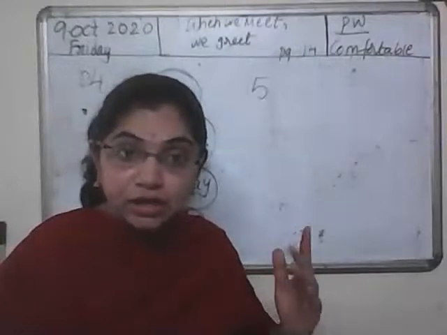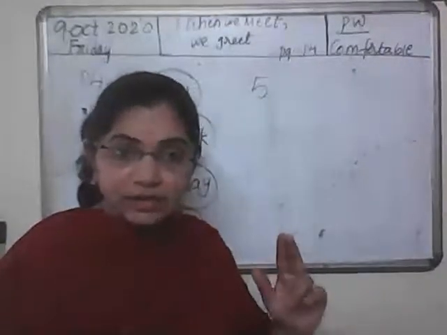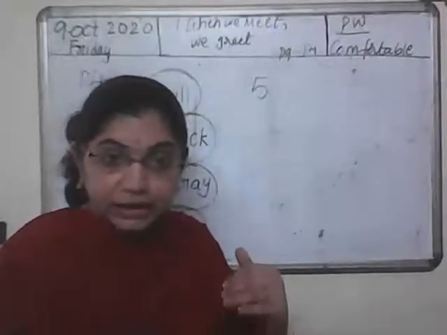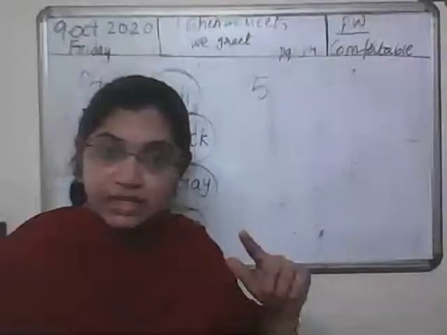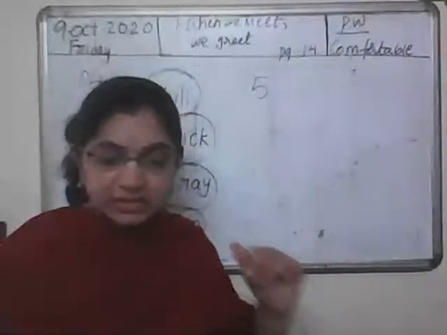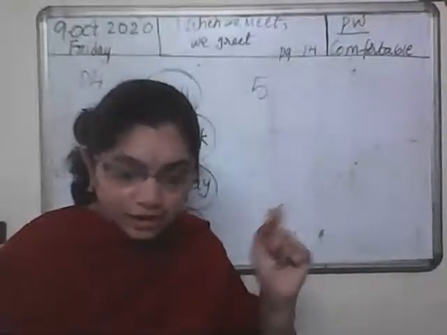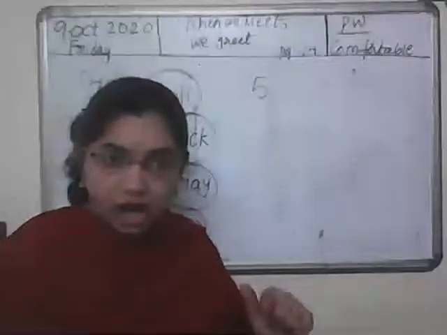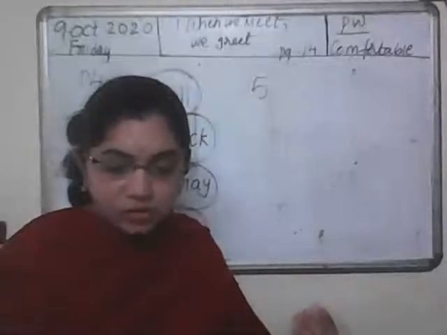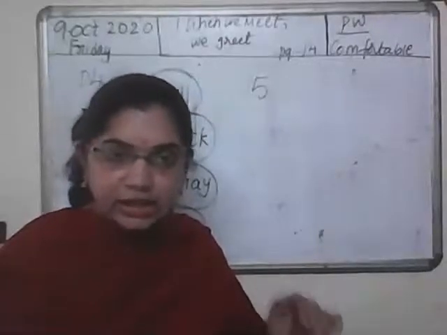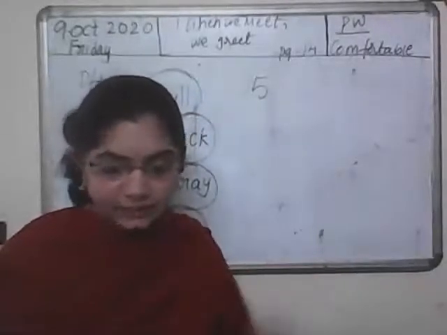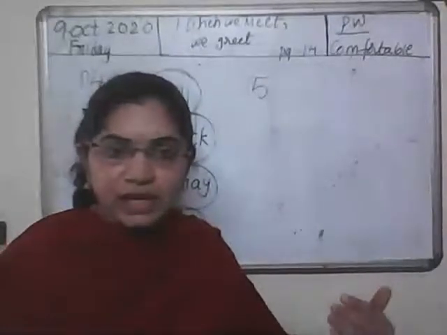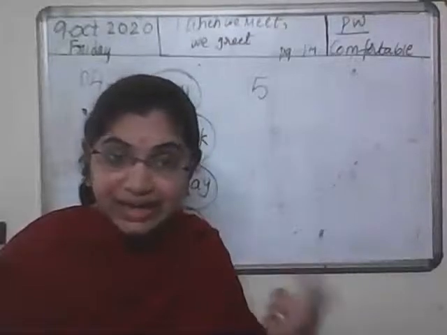Trap, T and R together makes the sound tr. Again, trim, T and R together makes the sound tr. Trick, T-R-I-C-K, T and R together makes the sound tr. Then see the next word, T-R-I-P, trip.